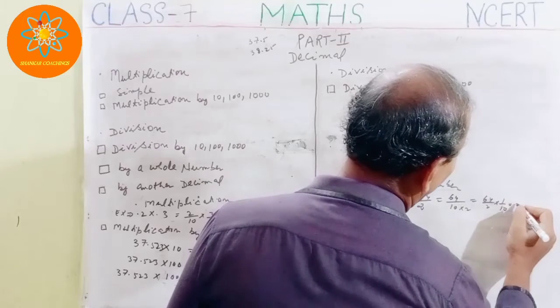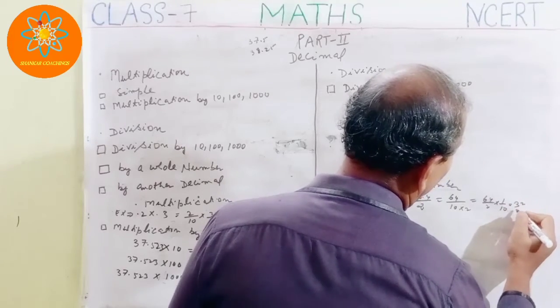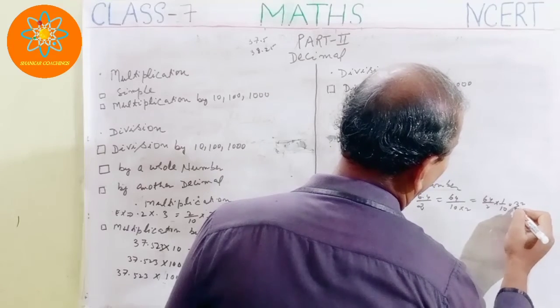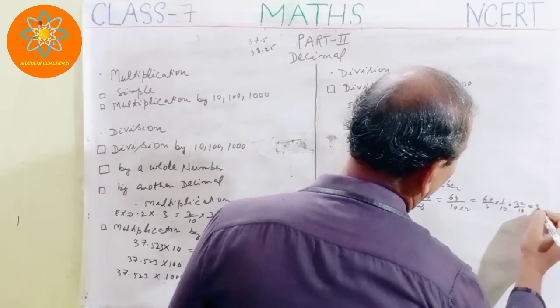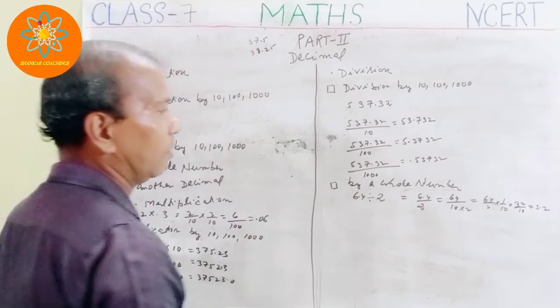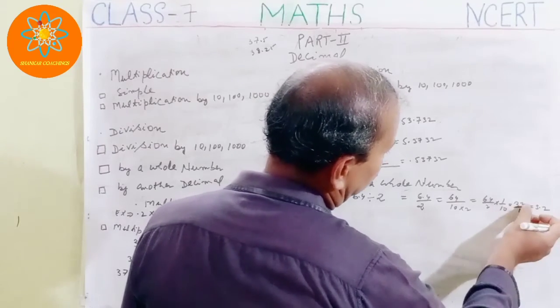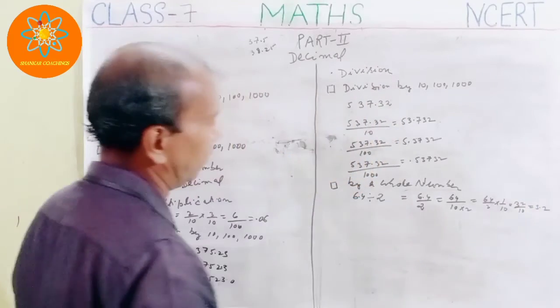So this is how much? 32. 32 divided by 10 is equal to 3.2. Division by 10, so it is shifted one place.